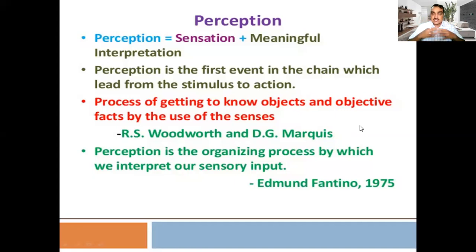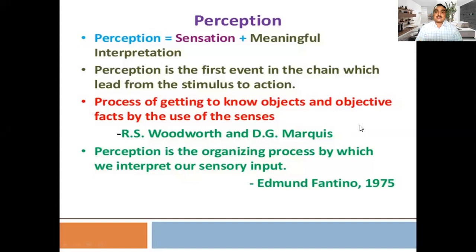We will get to know about the objects, and when we try to get to know about the objects, the objective facts that I wish to know about the object should be known, understood and interpreted. How? Through the help of senses, by the use of senses. I am sure that you are getting what I'm explaining.